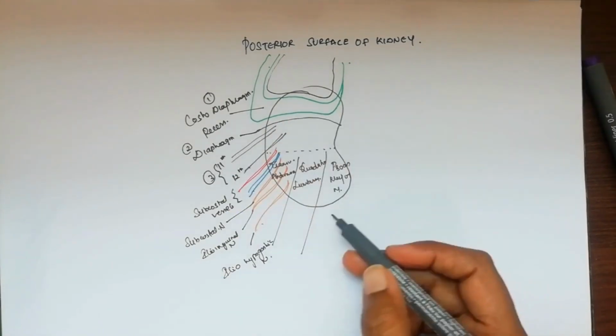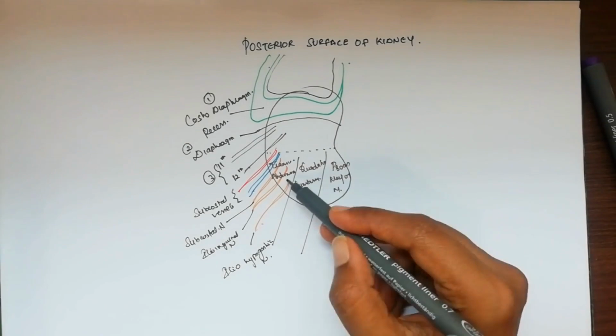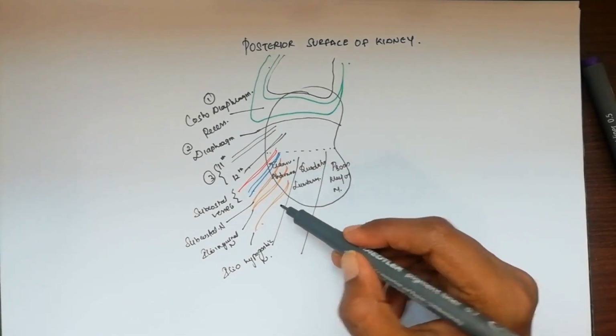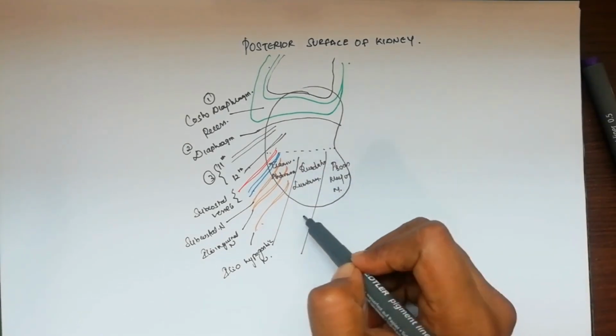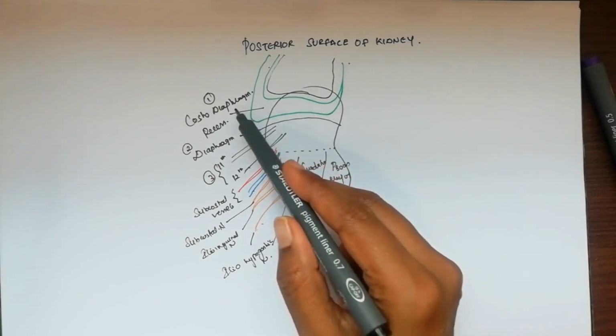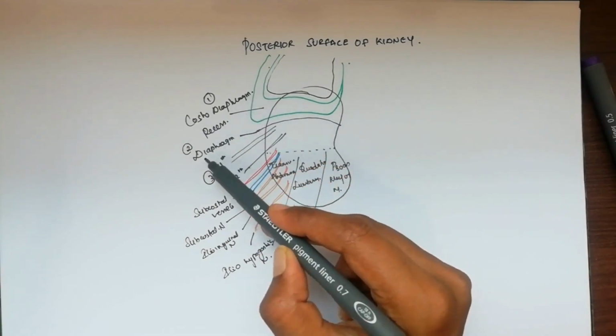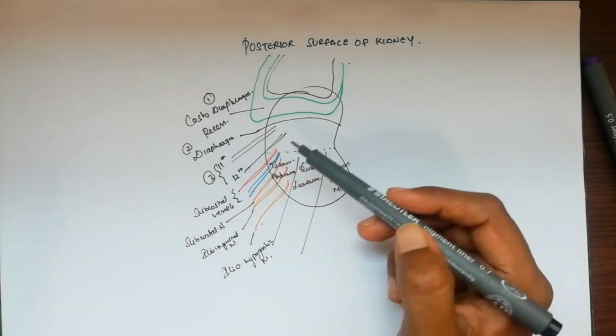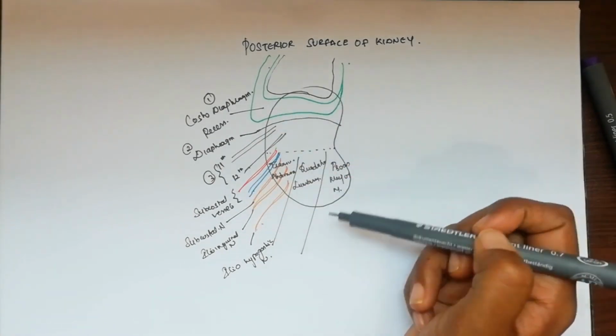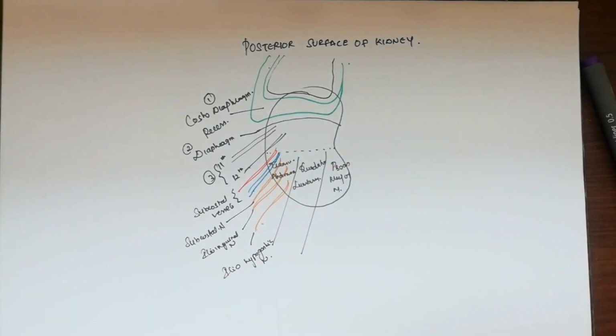So these are the structures related in the lower part. So three muscles with all these structures are related in the lower part of posterior surface. In the upper part, only three relations: costodiaphragmatic recess, diaphragm, and 11th and 12th rib. So this is how we have got relation in the posterior surface of kidney.